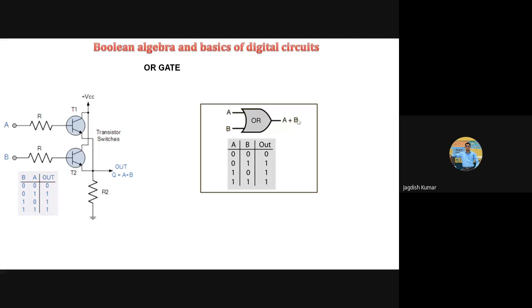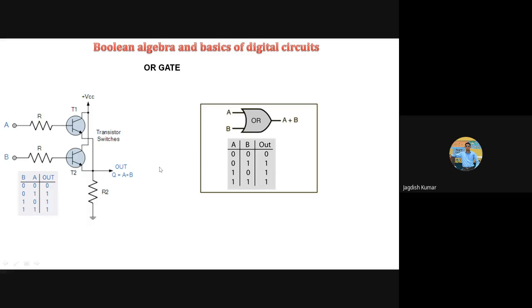Now, what will be the truth table? Whenever either A or B is 1, the output will be 1. That's why the name OR. Either A or B is 1, then the output is 1. Otherwise, when both are 0, the output is 0.